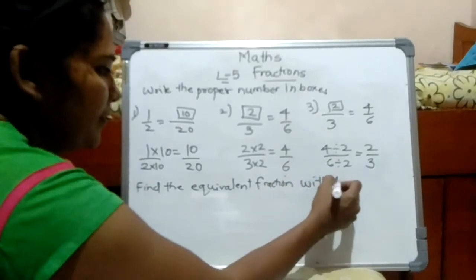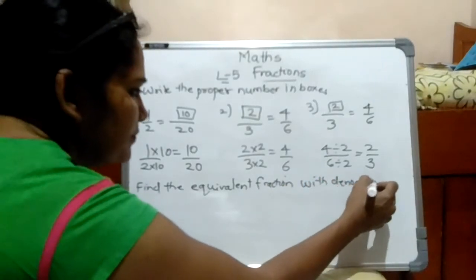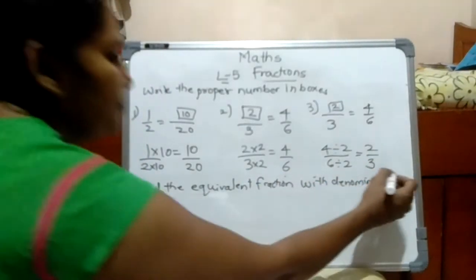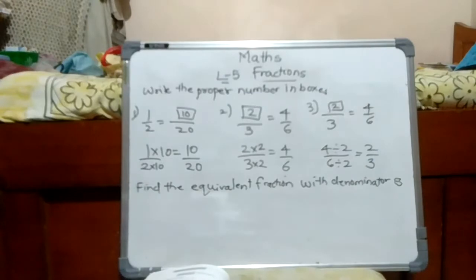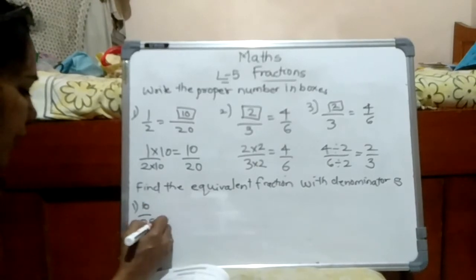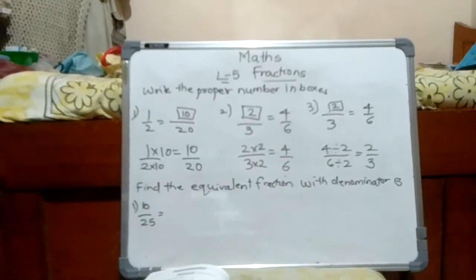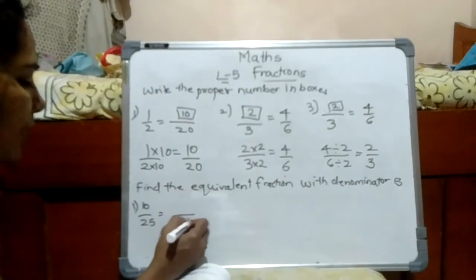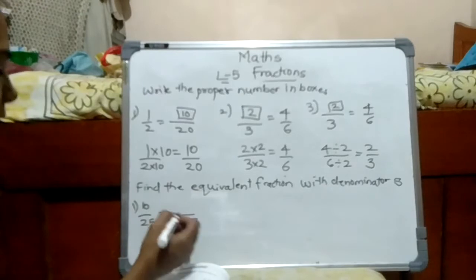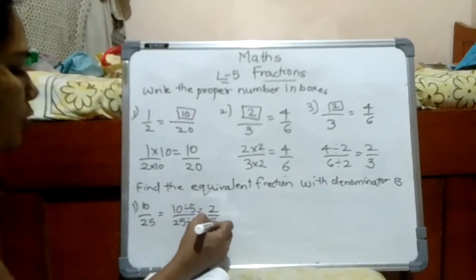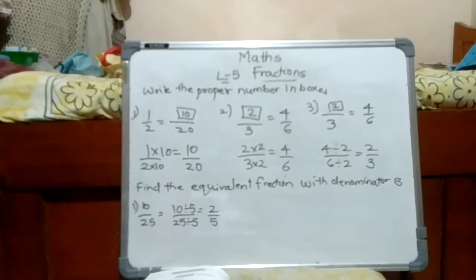Now here suppose number is given 10 upon 25. You should get the denominator 5. So what you will do? 25 divided by 5, you will get 5. Similarly 10 divided by 5, you will get 2. So 2 upon 5. Understood?